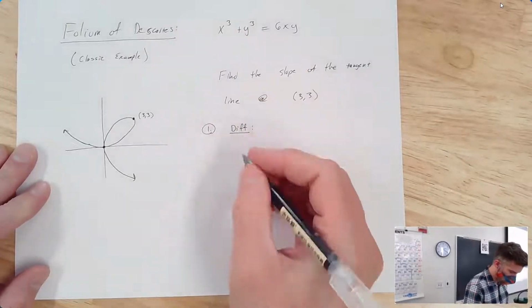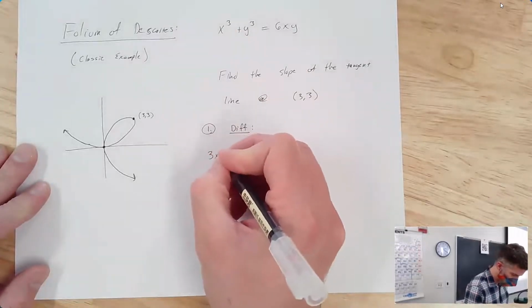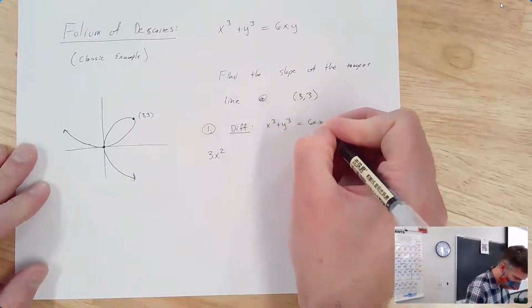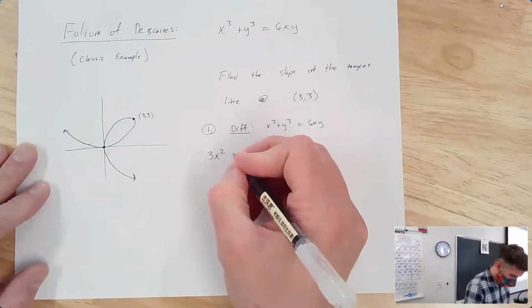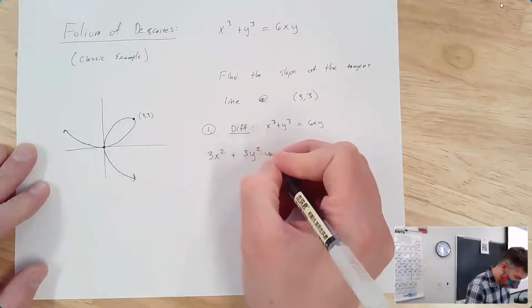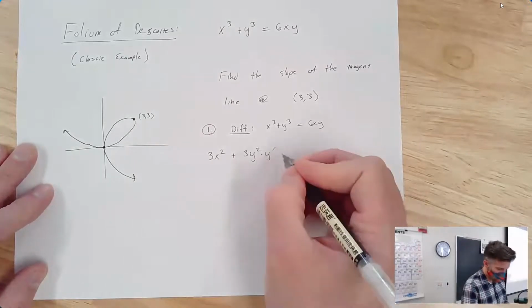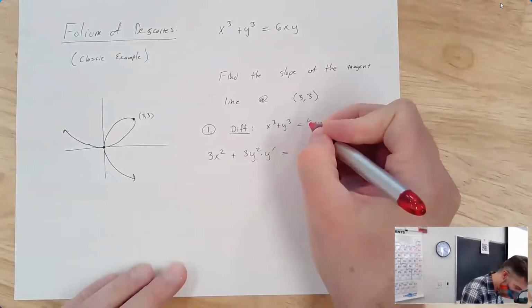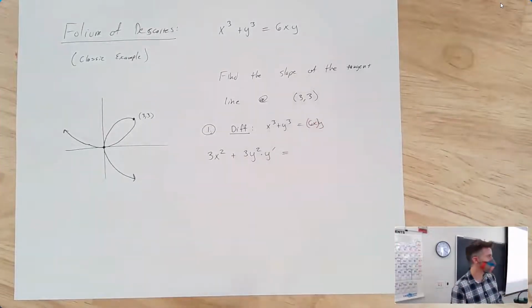The derivative of x cubed is 3x squared. Differentiate this. The derivative of y cubed is, well, the derivative of stuff cubed is 3 times my stuff squared times the derivative of my stuff. And the derivative of 6xy, I personally like to think of it as 6x times y, but you could also think of it as 6 times the product xy. Either way is going to work.